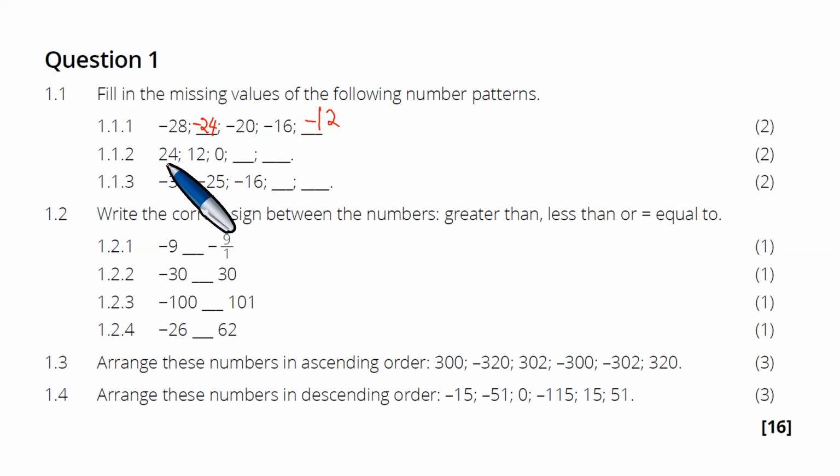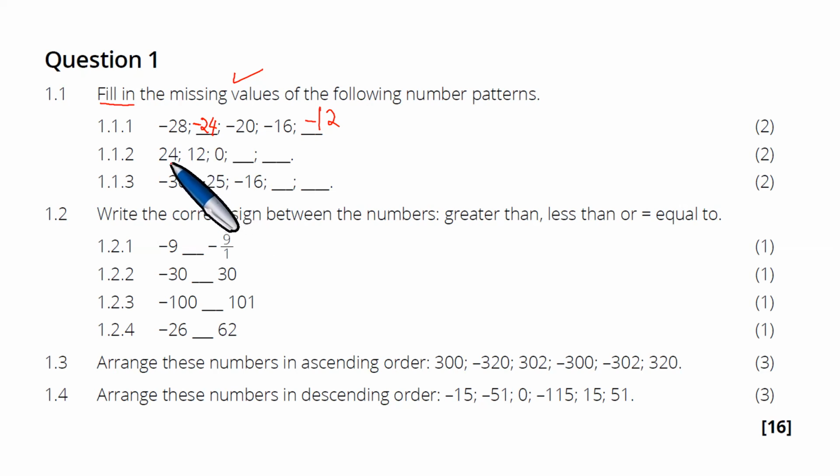The next one has the number 24, and then the number 12, and then the number 0. Clearly now, what are we doing here? We need to fill in the missing values. If you have the number 24, and then you get to 12, after 12 you get to 0, what has happened?